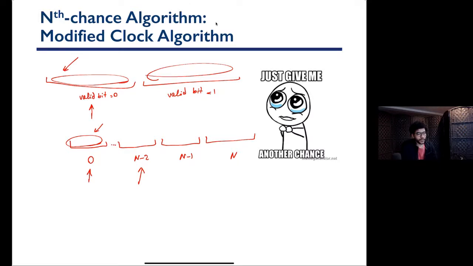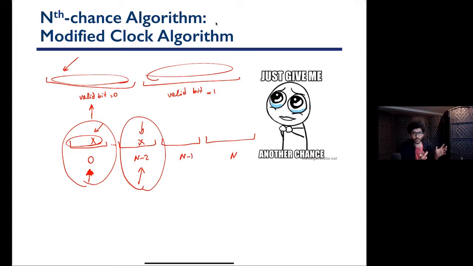So we kind of know that a particular page here, compared to a particular page here, hasn't been accessed for a longer period of time. So having this more fine grain classification provides a better approximation of LRU, right?